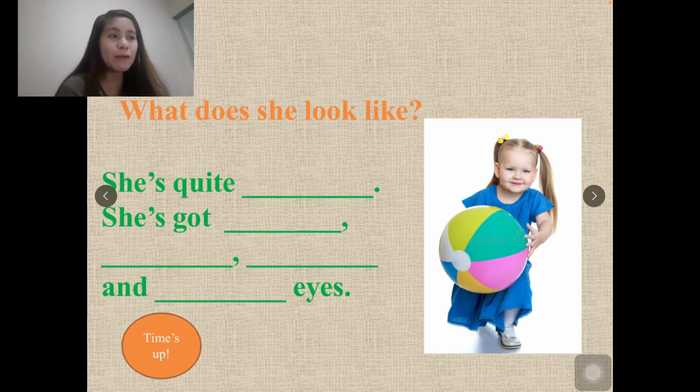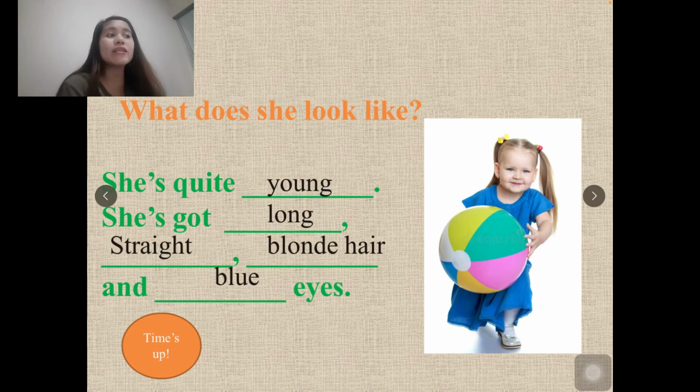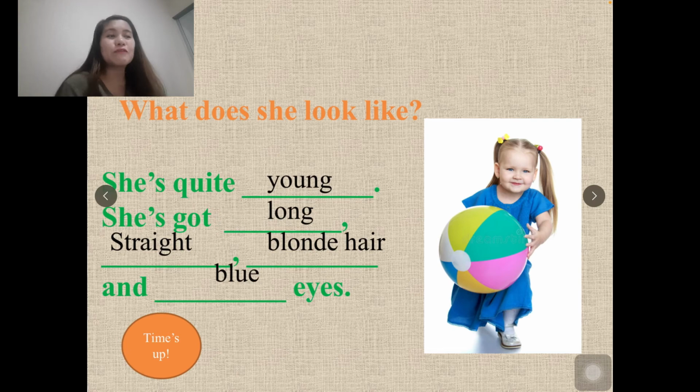Okay, time's up. So, the answer is she's quite young. Remember, when we describe the whole body, we say the appearance of the whole body. It's the appearance: young, old, small, big, short, long, or tall.